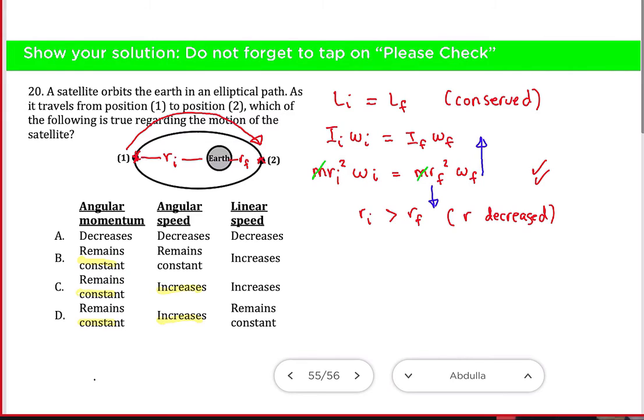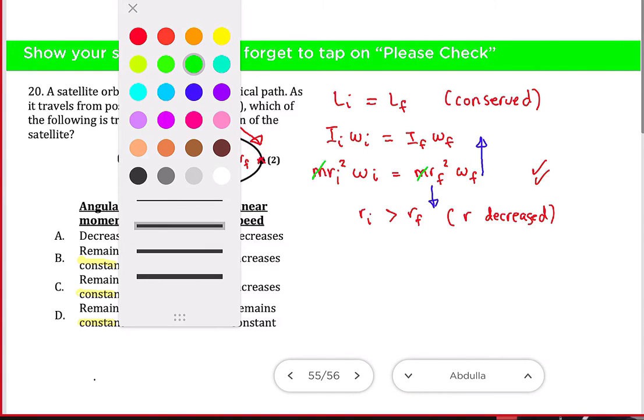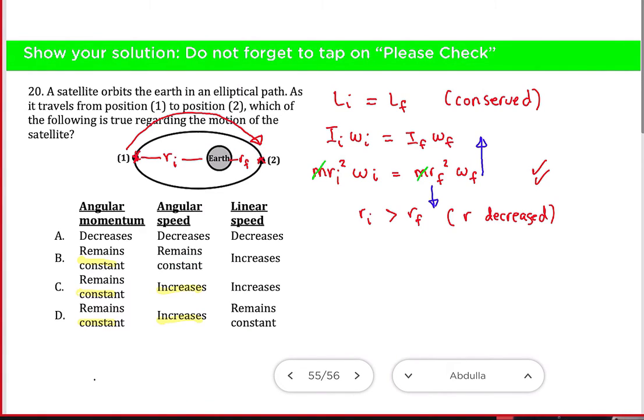All right. So now as we expand this equation, we have R initial squared. Now remember that omega is actually equal to V over R, or the linear speed divided by the radius. So I'm going to change my angular speed and express it in terms of linear speed.